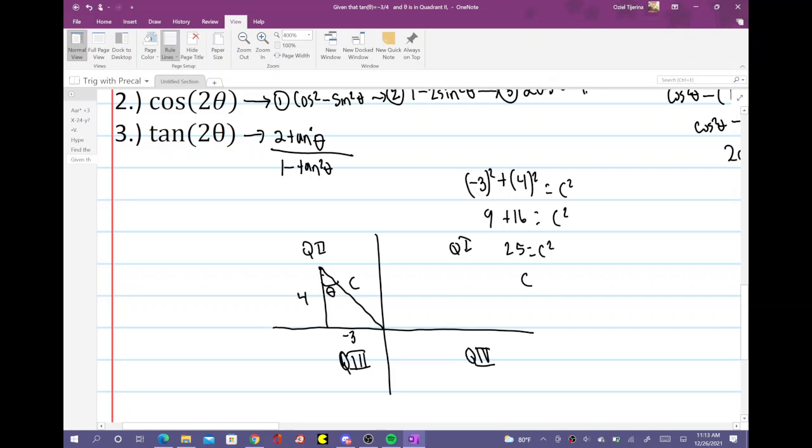So C is going to be, I believe it's going to be -5. I'm not 100% sure on that. I think it is going to be negative. I know it's -3/4, but I have no idea if it's negative.